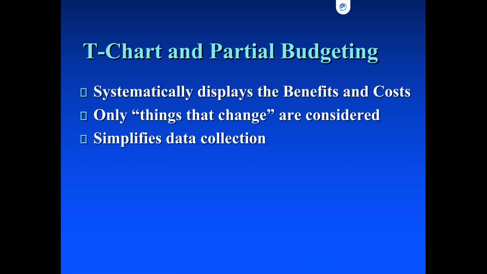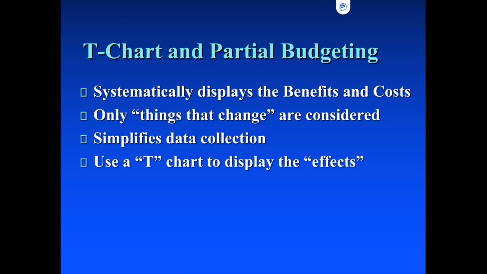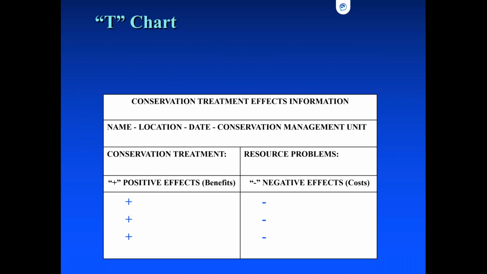You're just gathering data right there. So the T-chart is a simple way to display the partial budgeting effects and provide information to the farmer, rancher, or forest landowner. Okay, so this is basically what the T-chart looks like.